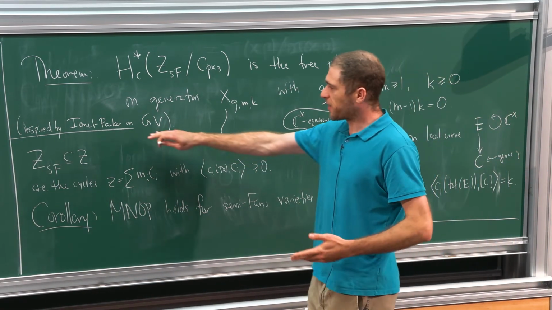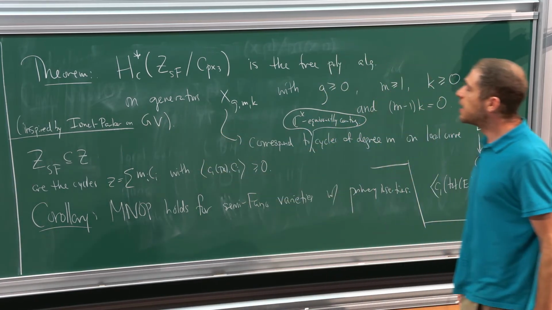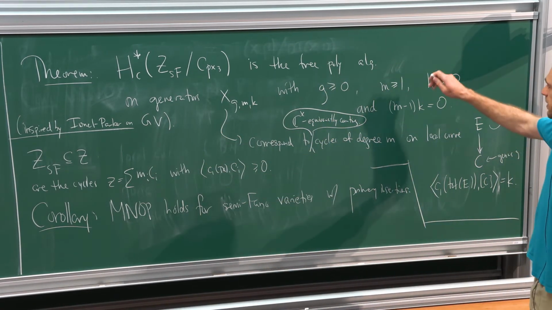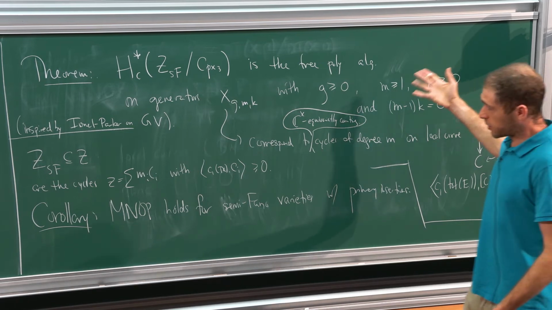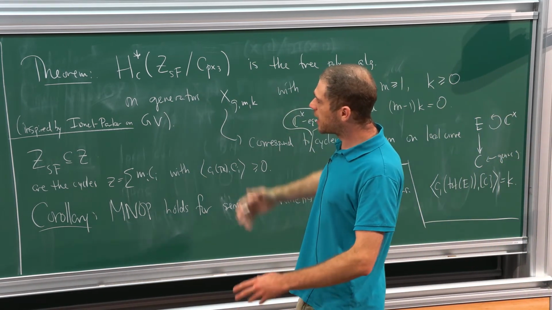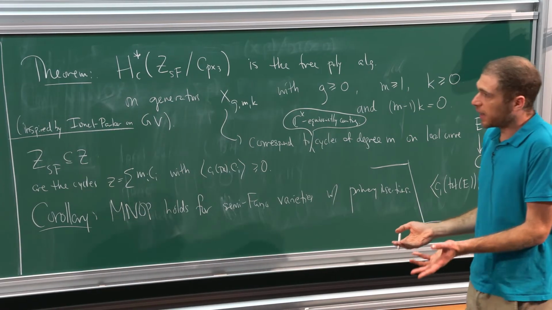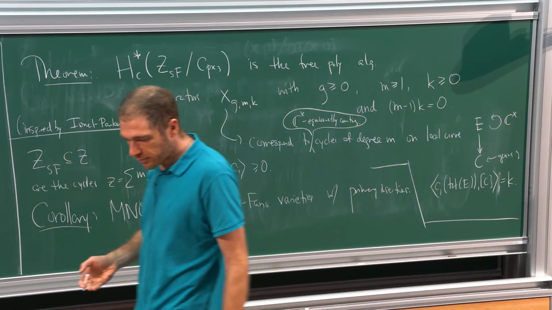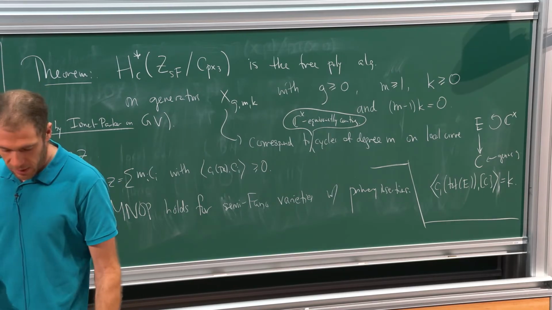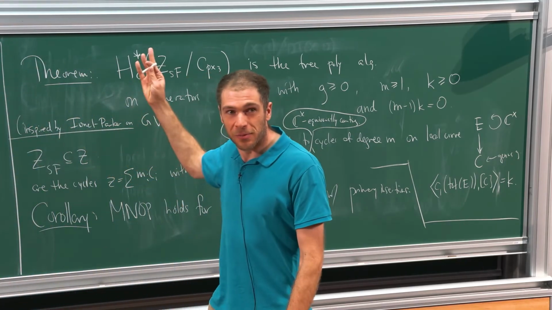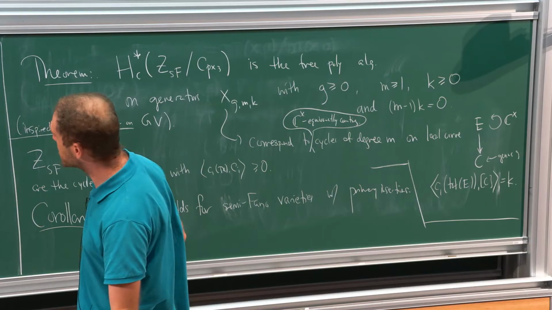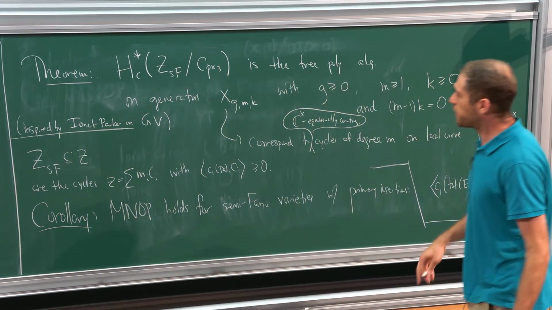Then Gopakumar-Vafa is known for local curves, so it follows. This theorem is the analog of that in the complex analytic setting. We have to generalize to the complex analytic setting in order to access the Donaldson-Thomas and Pandharipande-Thomas invariants, which don't exist in the symplectic setting, as far as we know.